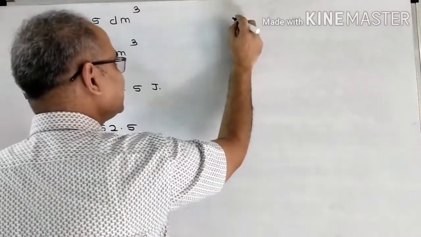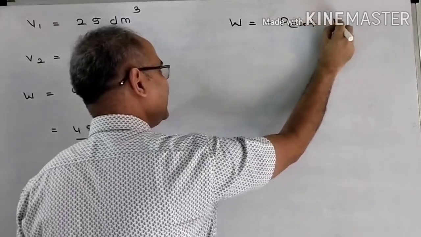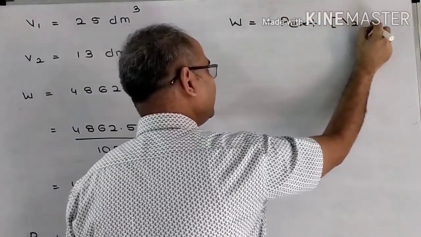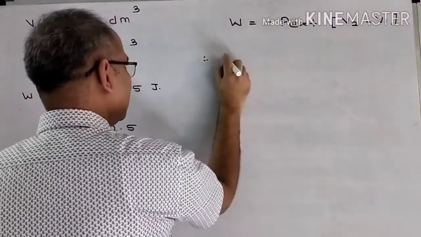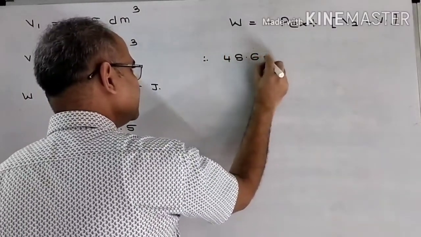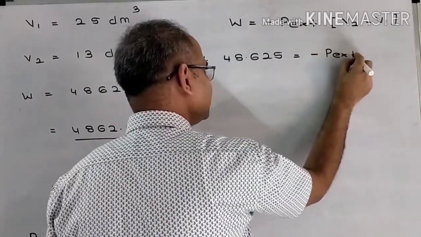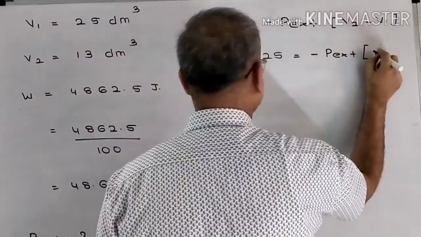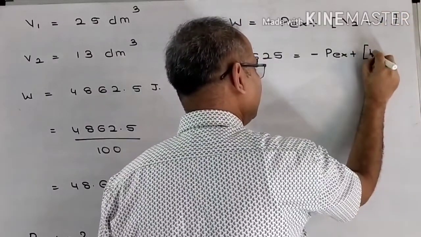Okay, now what is the basic formula? W is equal to minus P external into bracket V2 minus V1. Therefore let us substitute. W is 48.625, which will be equal to minus P external into bracket 13 minus 25.